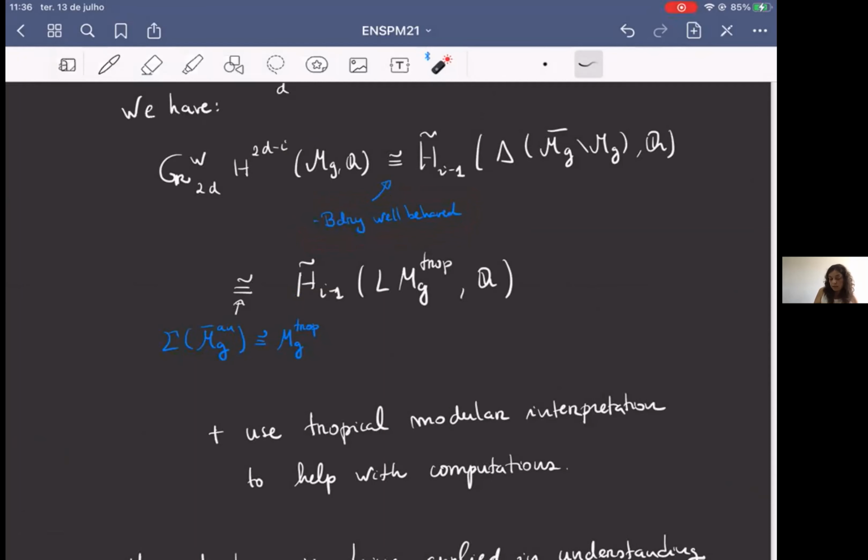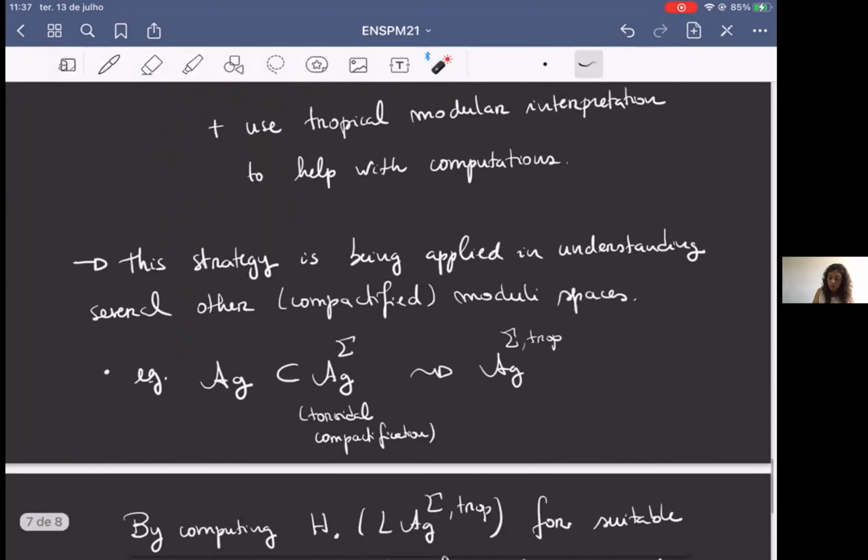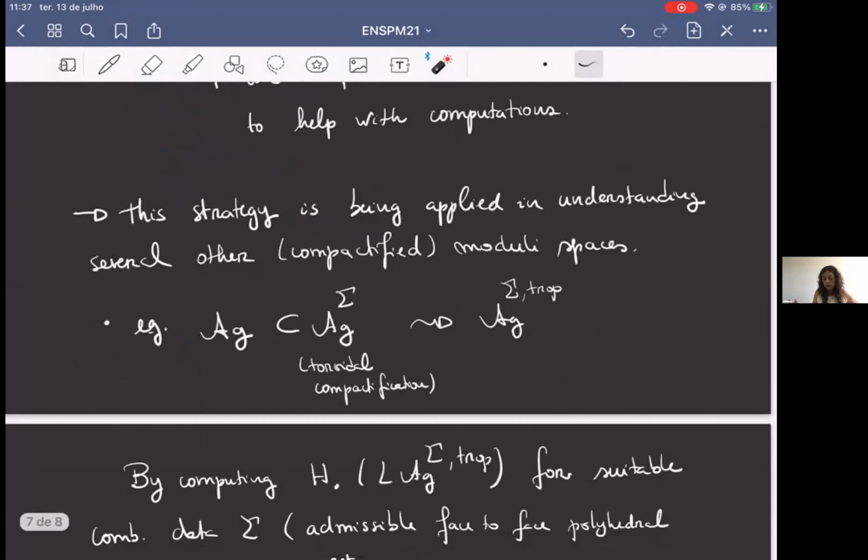This comes from the fact that you have a nice compactification to compute the top weight homology. And then maybe if you have other tools like modular descriptions for these objects, which could be very hard to understand, you can apply this to understand the reduced homology using the modular description that you have. So this is what I'm saying here.